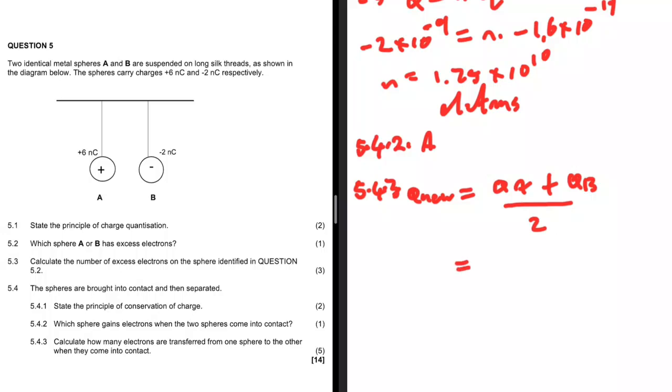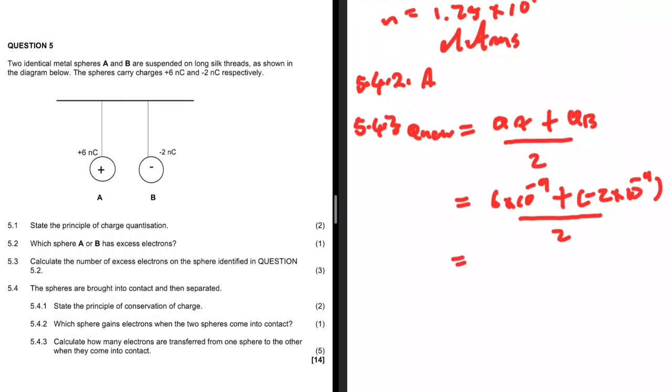So this is 6 times 10 to the minus 9 plus minus 2 times 10 to the minus 9, divided by 2. That will give us 4, and then we divide 4 by 2. We get 2 times 10 to the minus 9 coulombs. That is the new charge on the two spheres.